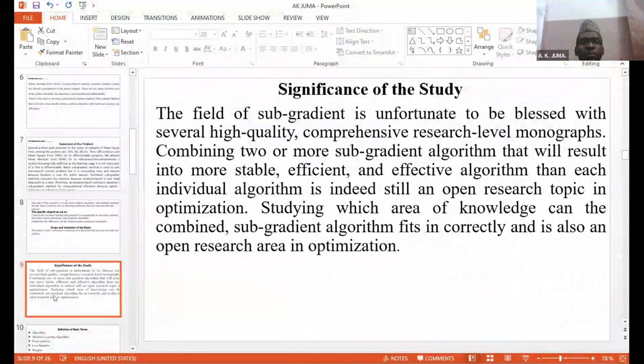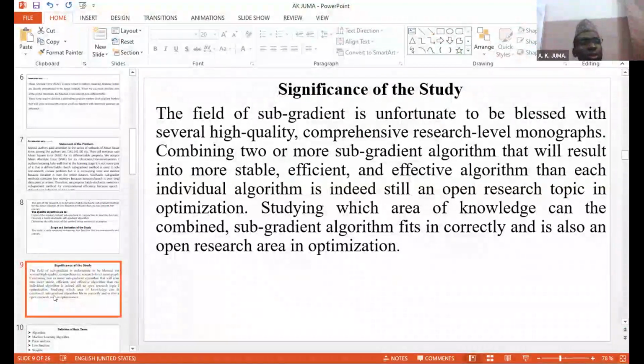Significance of this study. We have discovered that the field of sub-gradient is unfortunate not to be blessed with several high-quality, comprehensive research-level monographs. And we have discovered that there are many variations of the sub-gradient method.